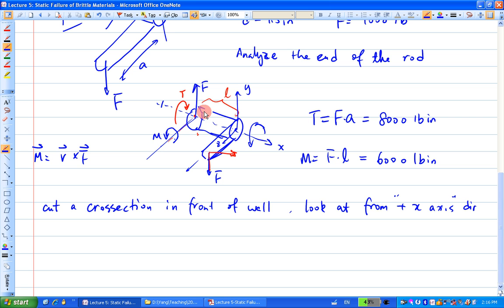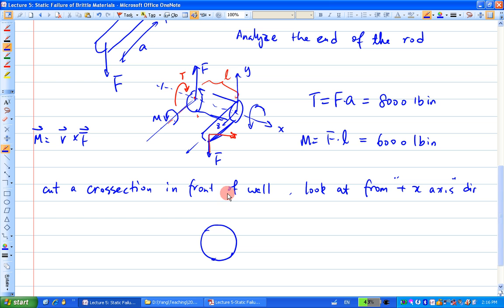What that means is, when you cut a cross section here, you have a circle, and the direction we're looking at is the positive x-axis. So then this is y, and this is your z. So it's like the front view. This is my cross section here.